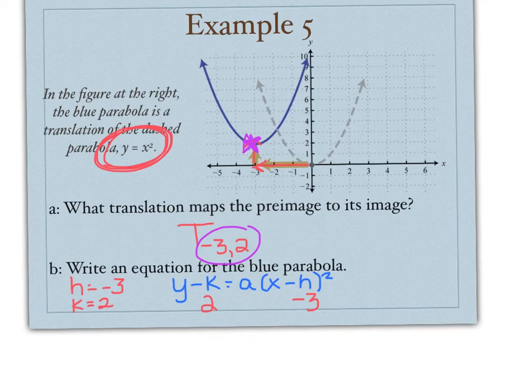My a value is what's in front of x squared, so it's really a 1. You actually don't need to write in the 1, but I will, just so you can see where I'm getting it from. And so then when I fill in the rest of this, I'm going to get y minus 2 equals 1 times, if I do x minus -3, that's really going to be an (x plus 3) squared. So there's my equation. y minus 2 equals (x plus 3) squared.